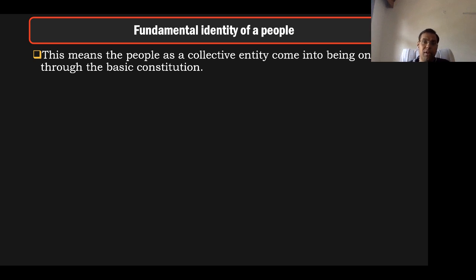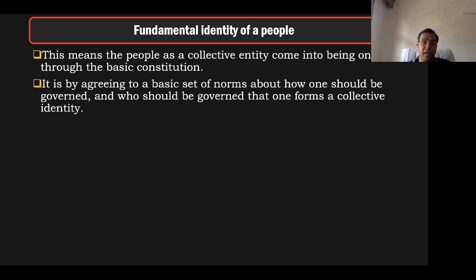If people are coming together collectively as a group, as a community, just to be able to make their voice or opinion heard, they are coming into being only through the basic constitution. It's only the basic constitution that gets the people together. It is by agreeing to a basic set of norms about how one should be governed, and who should be governed, that one forms a collective identity.